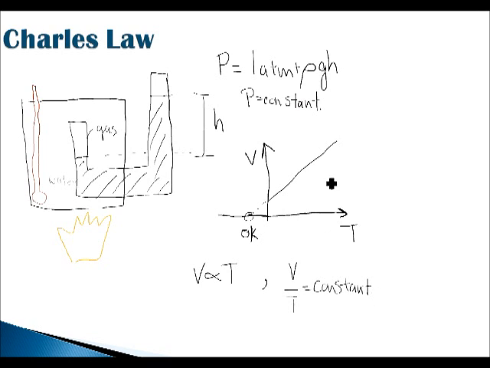And if we have one situation where we have a volume V1 at a temperature T1, and we then change that temperature to T2, the volume will change correspondingly to V2, where these ratios are exactly the same, which is the outcome when this is proportional. So that is Charles' law.